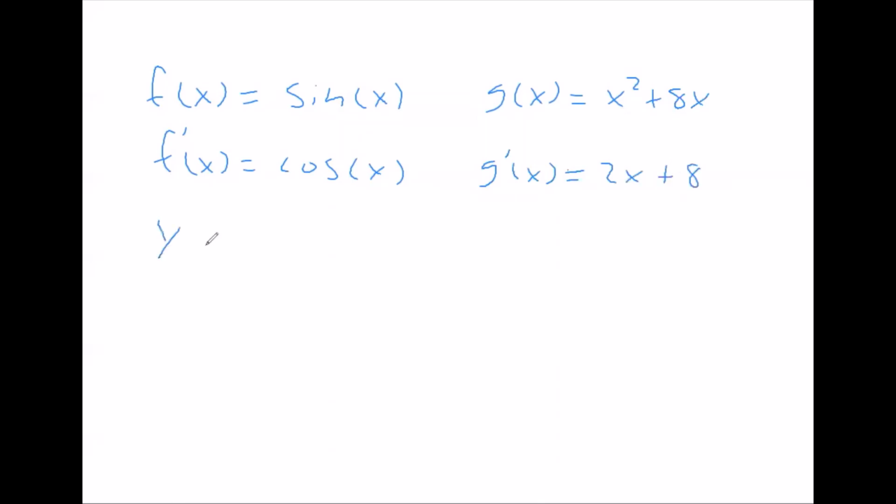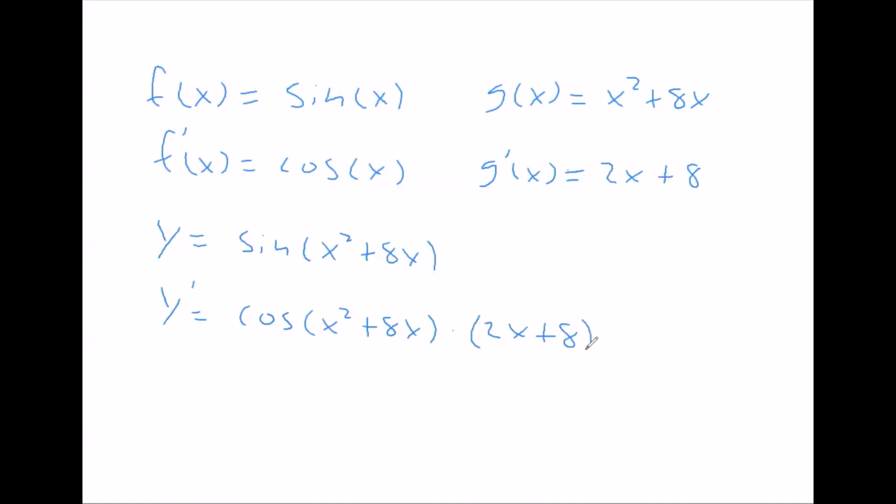So if I make a composite function here, let's say I have sine of the quantity x squared plus 8x. Then the derivative of this, so sine turns to cosine, so it's cosine, the same inside, and then chain rule times the derivative of the inside, which would be 2x plus 8.